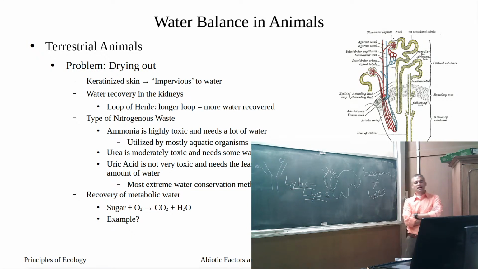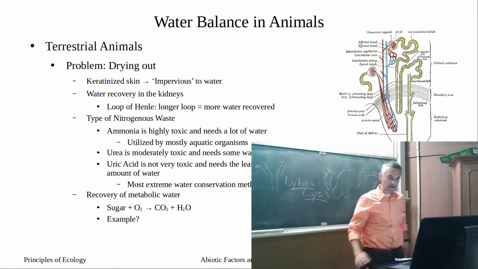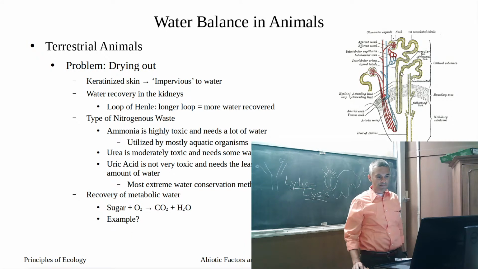And we do so in the kidneys. As we mentioned last week, water recovery happens in the loop of Henle. And that's what this is. Water travels down, then water travels back up. And then it goes to your collecting ducts, to your bladder, and you can excrete it.